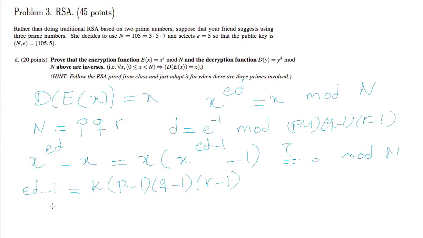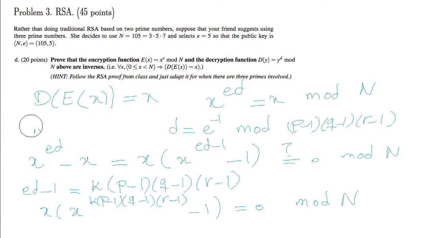So I want to show that x times x to the power k(p minus 1)(q minus 1)(r minus 1), minus 1, is equal to 0 mod n. Okay, so I will erase the top two lines.